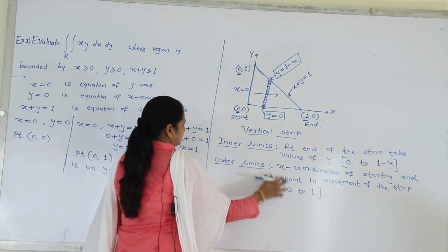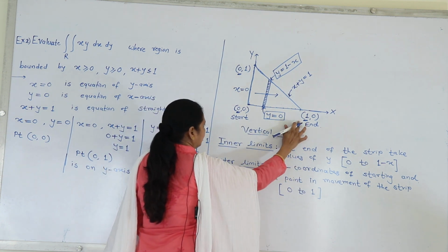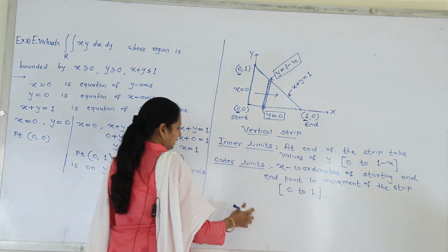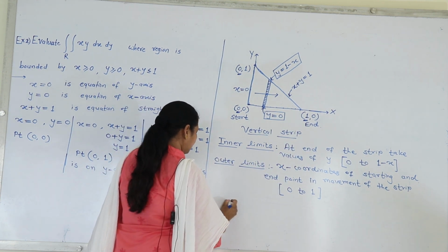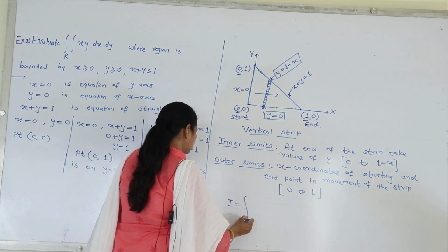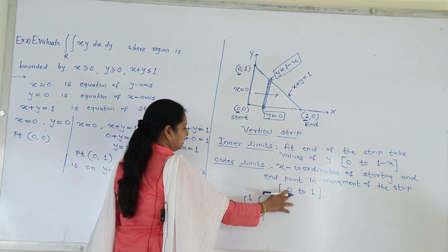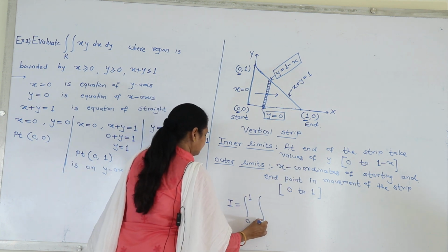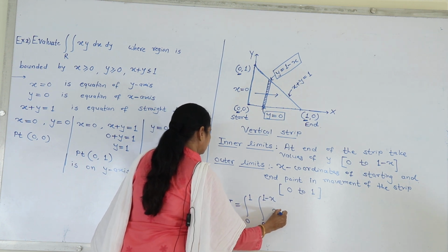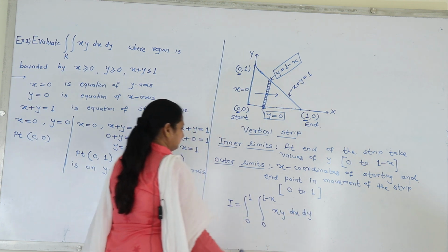Lower limit means the x coordinate of the starting point, and upper limit means the x coordinate of the end point. Then the integration will be outer limits 0 to 1, inner limits 0 to 1 minus x, xy dx dy.